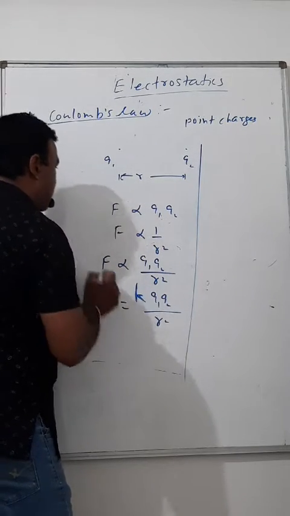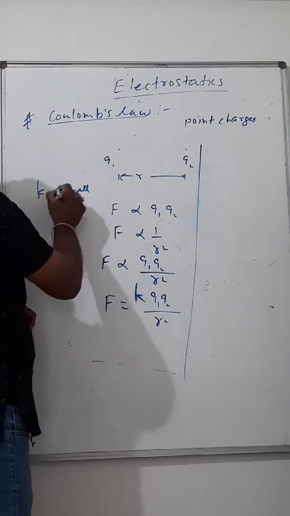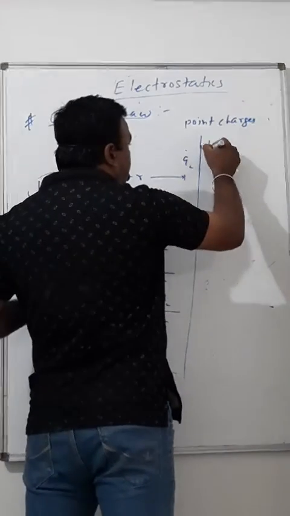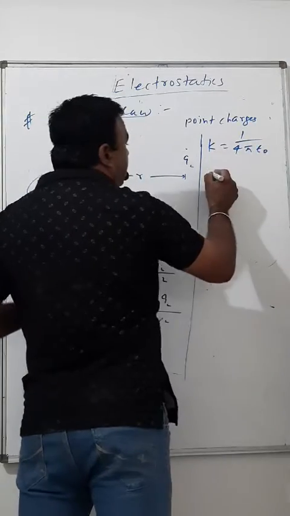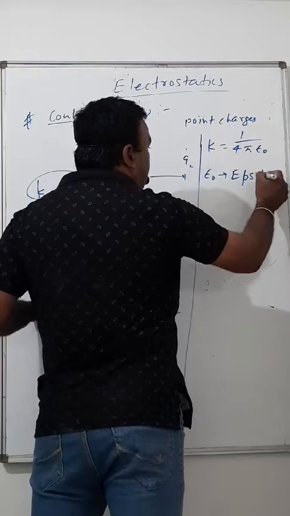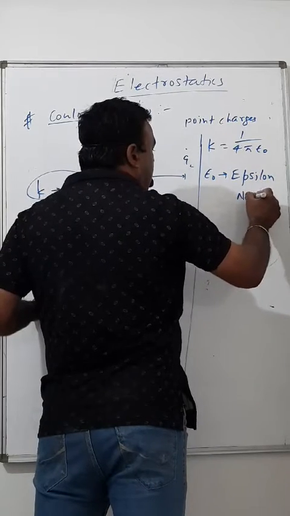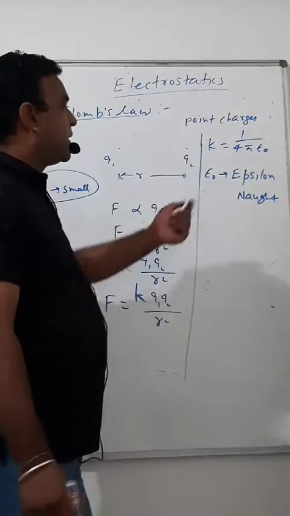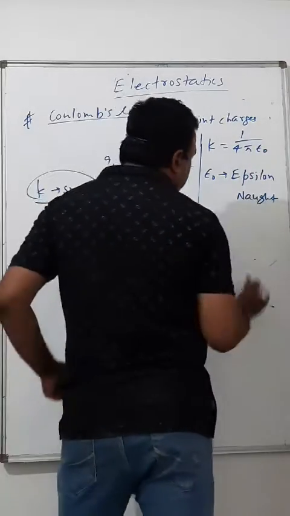This is small k. I am writing here small k. And further I write the value of small k as 1 upon 4 pi epsilon naught. This is read as epsilon naught. This is a Greek letter simply, and this is its subscript.